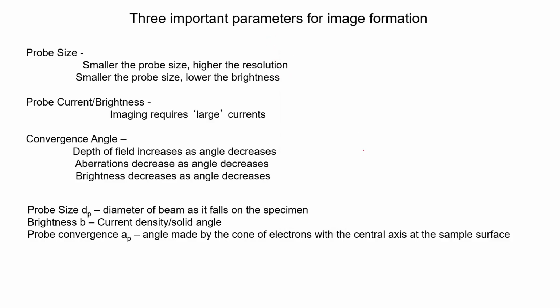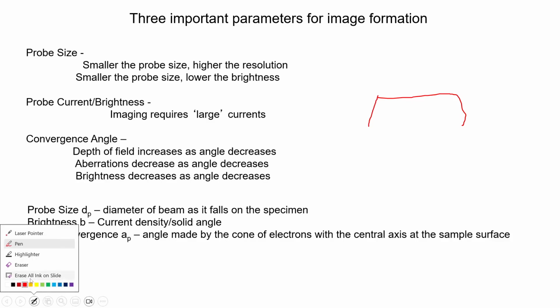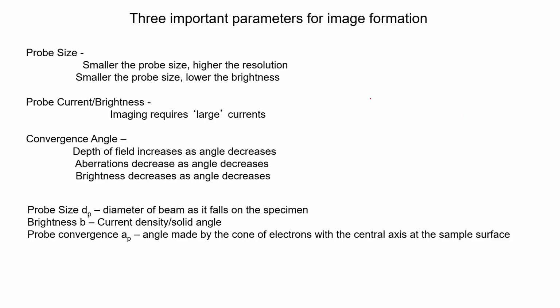If I need to explain this to you, then it will go like, if this is your specimen and you have a probe which is this, and another probe which is this.